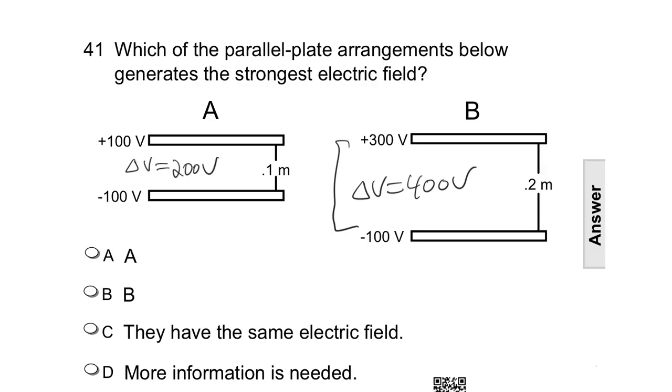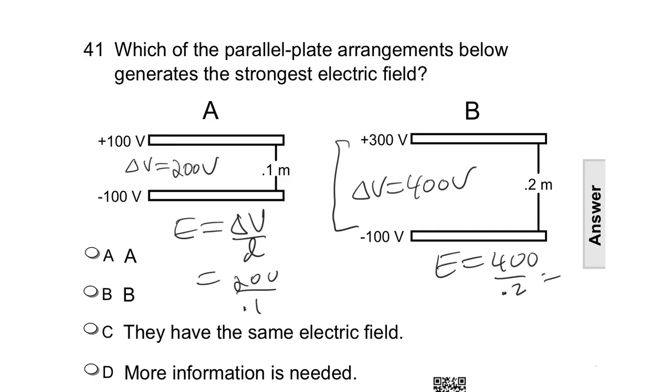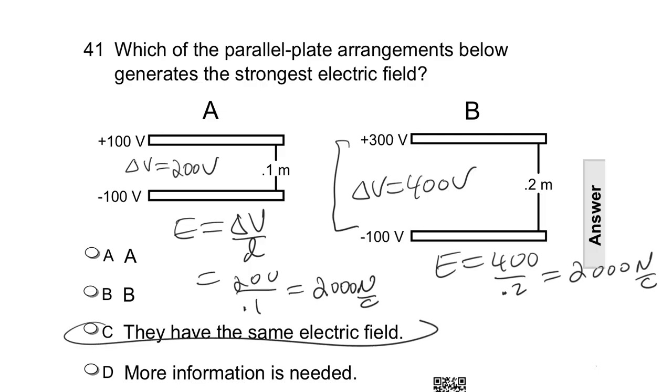So let's just figure out E equals delta V over D. This one is 200 divided by 0.1, and this E is 400 divided by 0.2. So that'd be 2,000 newtons per coulomb, and this one would be 2,000 newtons per coulomb. So they have the same electric field.